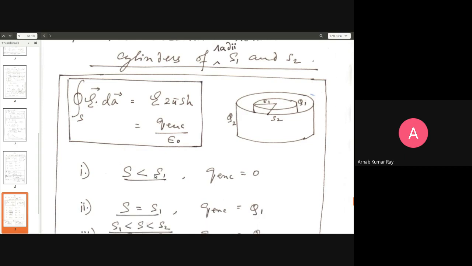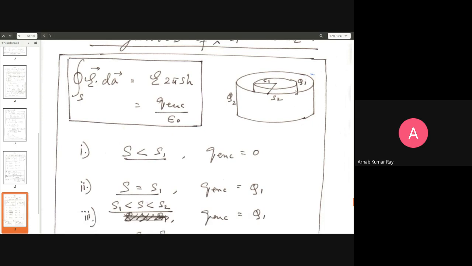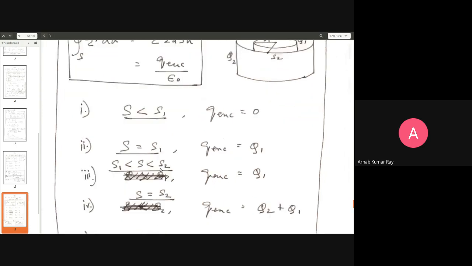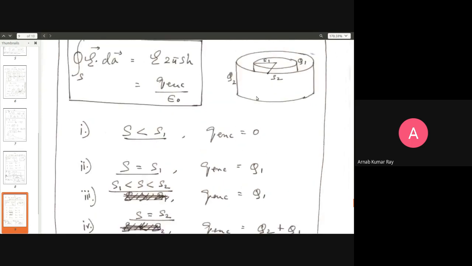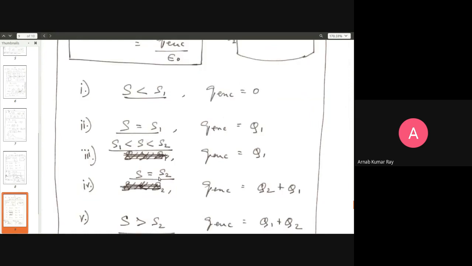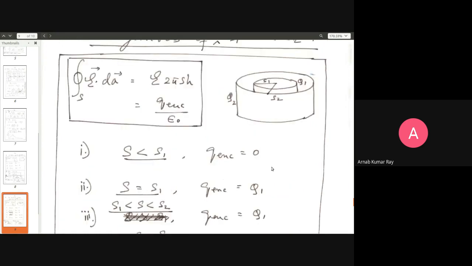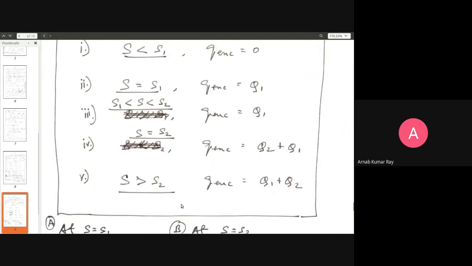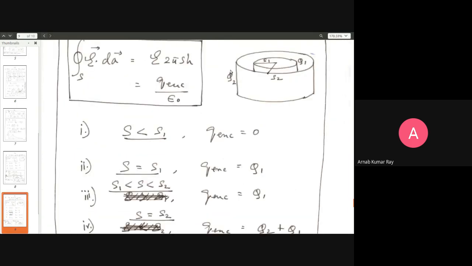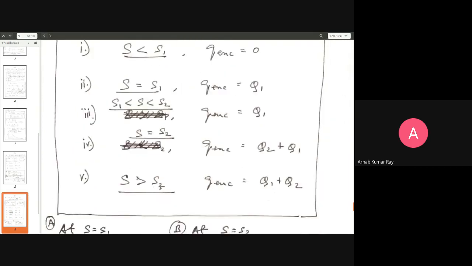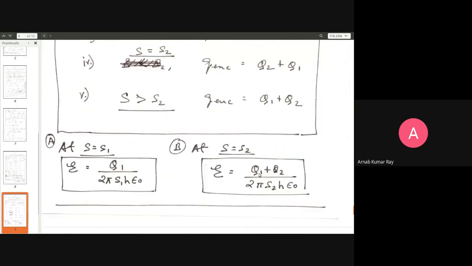And then when S is less than S1, charge enclosed is 0. S is equal to S1, charge enclosed is Q1. Between S1 and S2, charge enclosed continues to be Q1. On S is equal to S2, charge enclosed is Q1 plus Q2. And outside the outer cylinder of radius S2, charge enclosed is Q1 plus Q2.